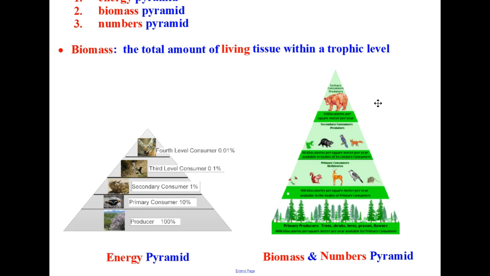People would also be at the top of any energy or biomass and numbers pyramid. You've probably heard the term before, top of the food chain, for example.